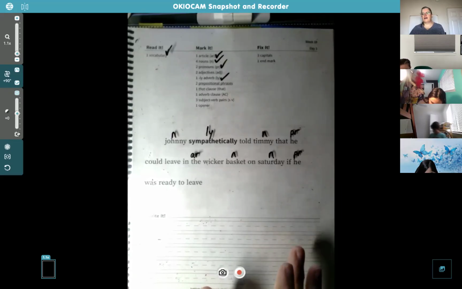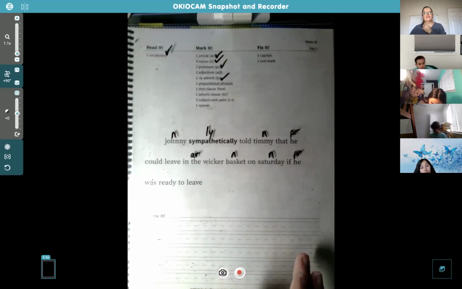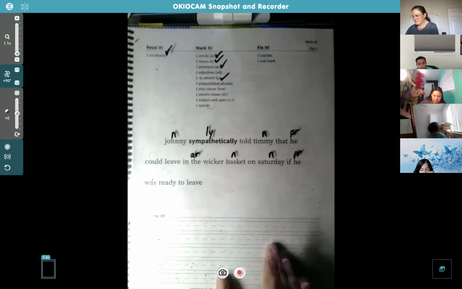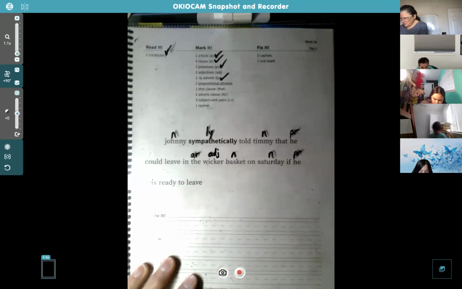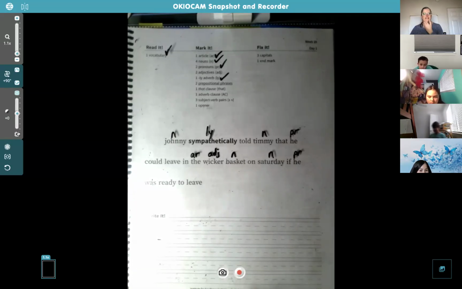And Lizzie, what about, let's skip prepositional phrases for a minute. What about the that clause? Oh, wait, we forgot the adjectives. Do the adjectives next. It's wicker. Good. And then, it's a little tricky.